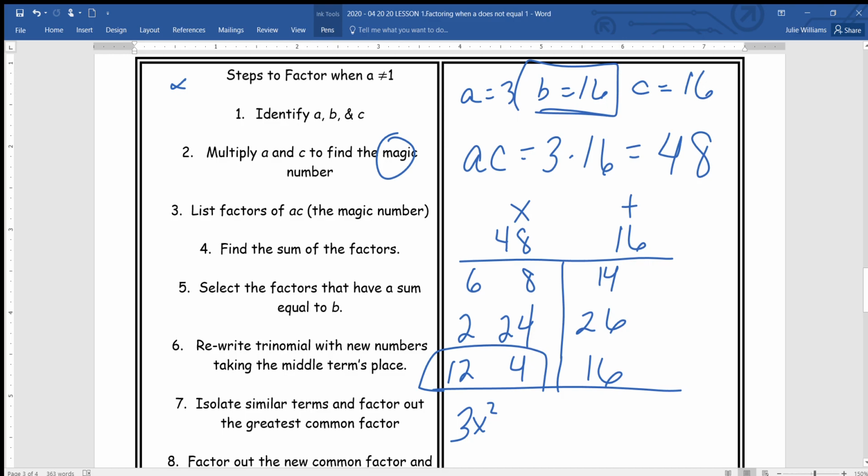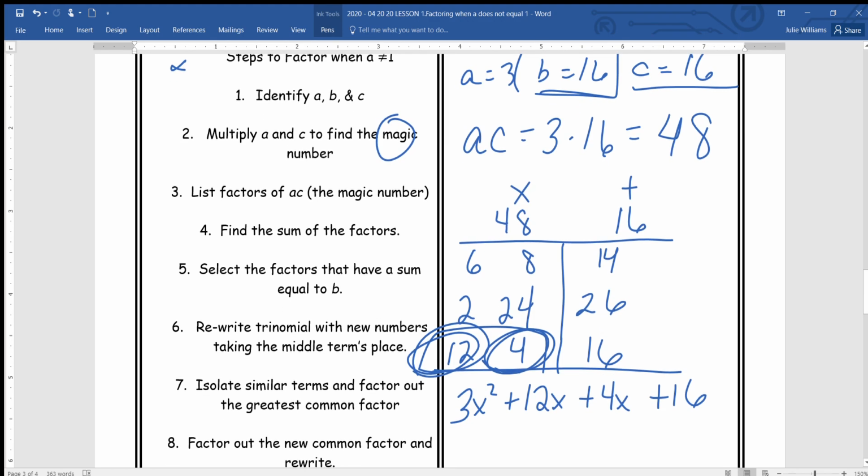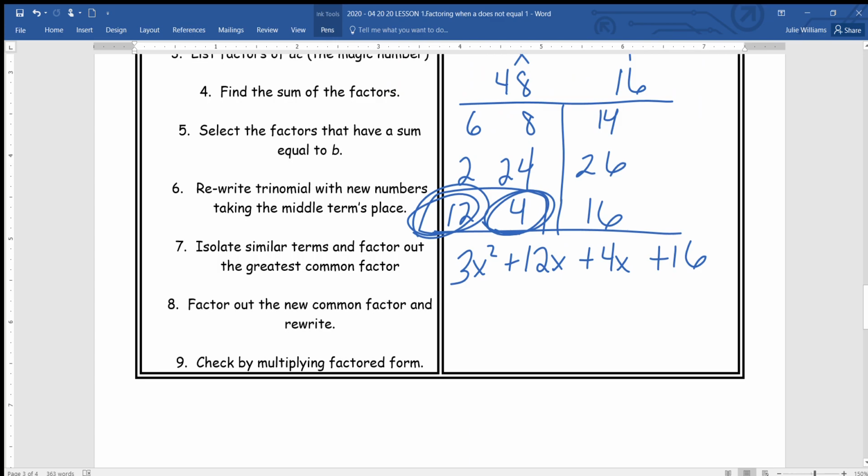I'm going to break that apart into plus 12x plus 4x. So 12x, 4x. And then my C term of plus 16. Okay, so now we have that broken apart. So let's look at our first two terms.